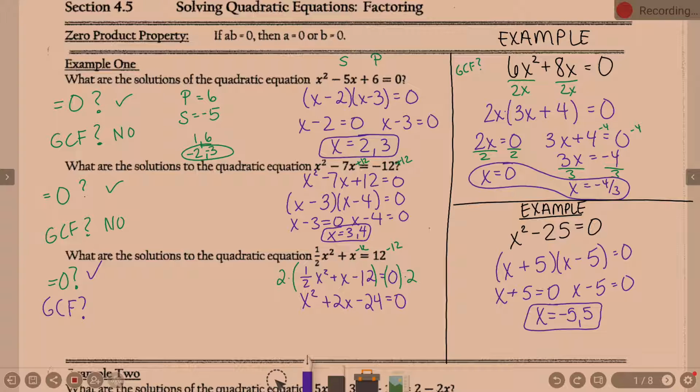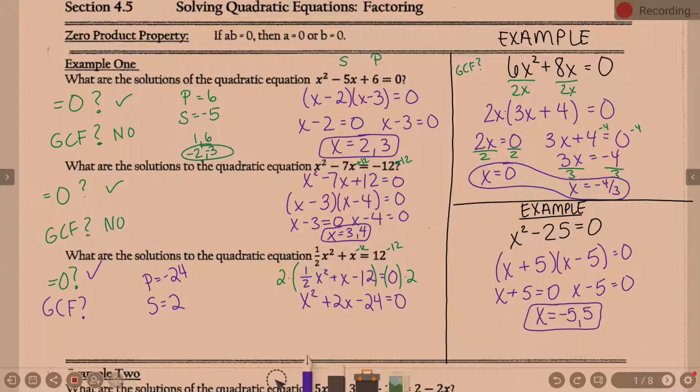Some of you are still saying, I still don't like this stuff. It's still factoring. But you're going to learn it, right? We're going to try. So this is of the form x squared plus bx plus c. So we need a product of, well, we don't have to worry about AC right now because there's just a 1. So product of c, the c value, which is negative 24. We need a sum of the b value, the middle term, which is 2.